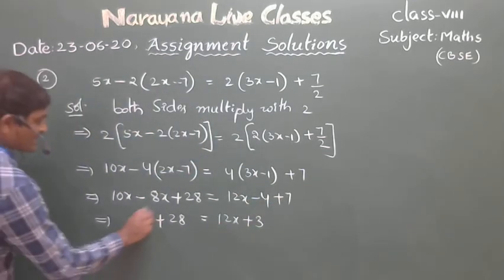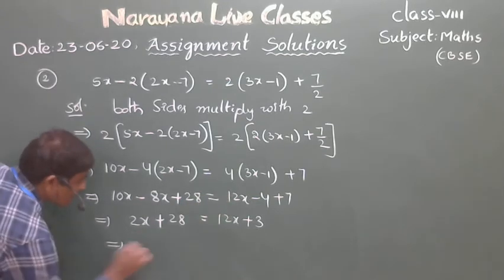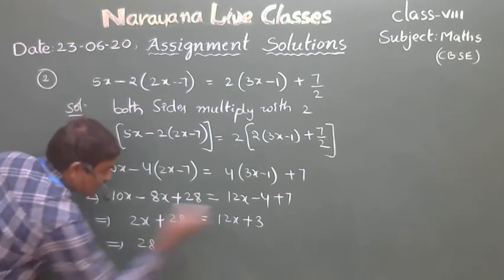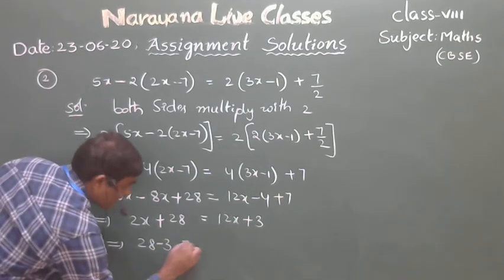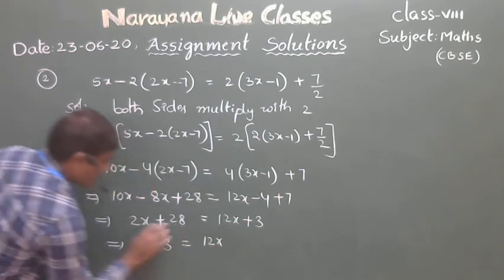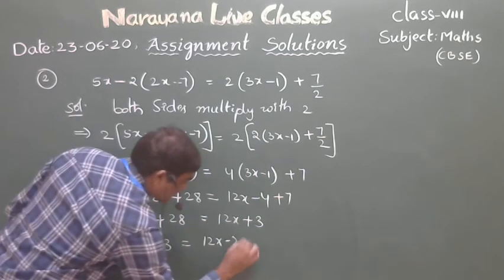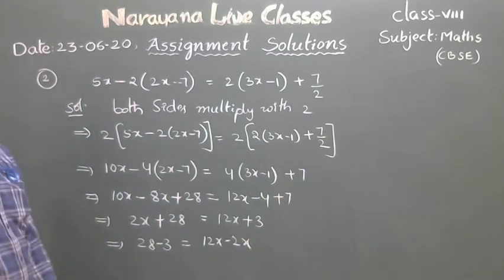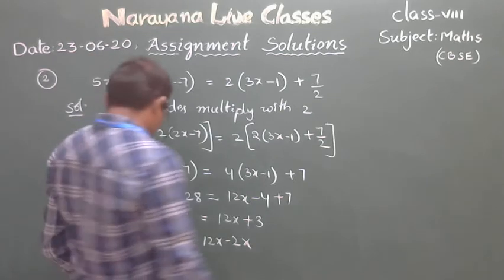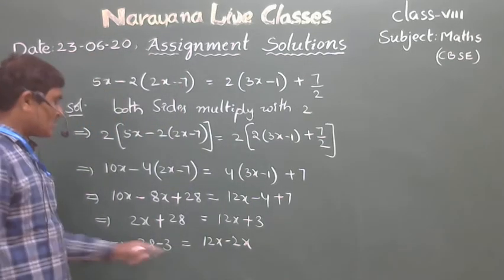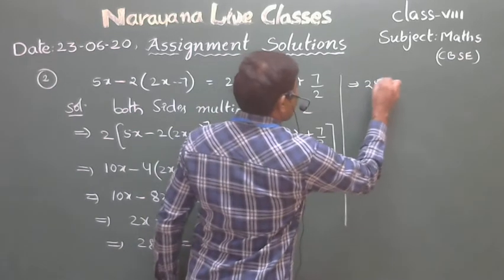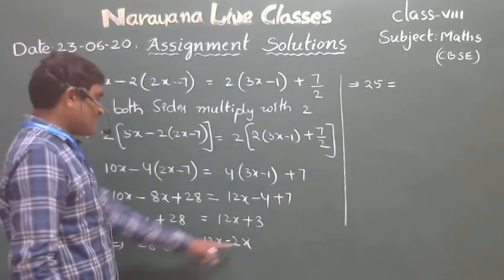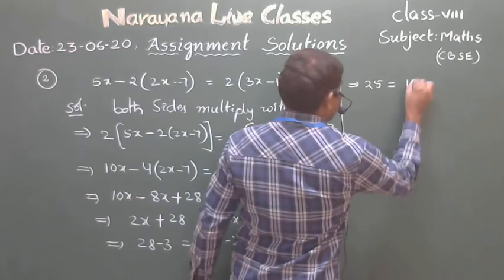Now this 2x will be transformed to the right side. 28 and this 3 will be transformed to the left side: 28 minus 3, equal to 12x, and 2x will be transformed as minus 2x. Now here see, 28 minus 3 is equal to 25, equal to 12x minus 2x is 10x.